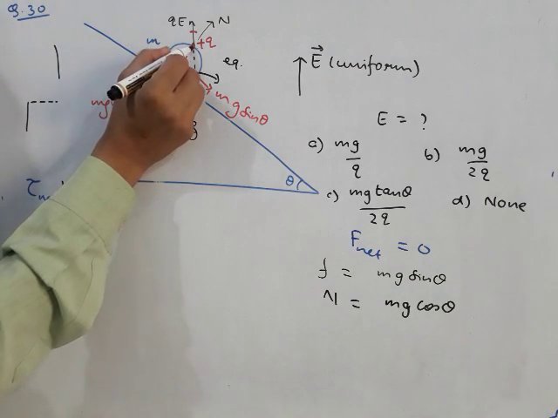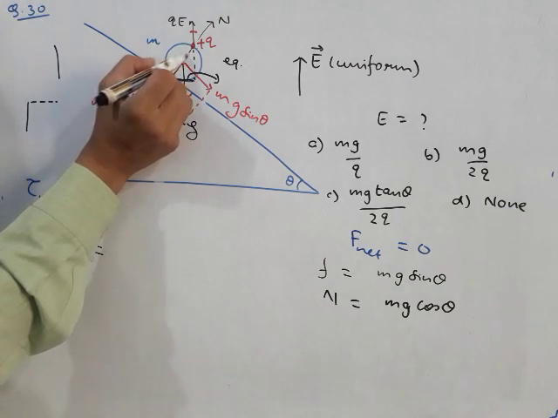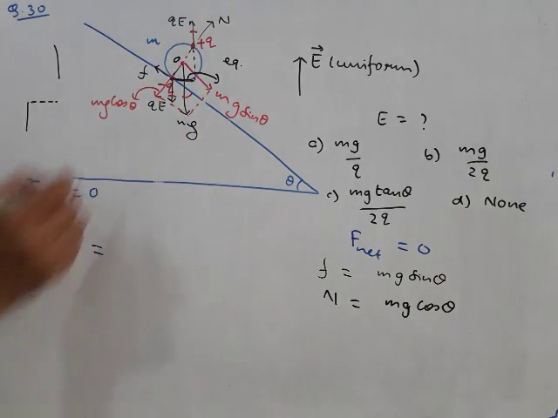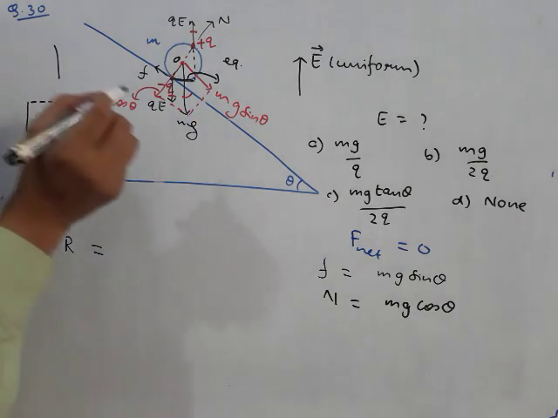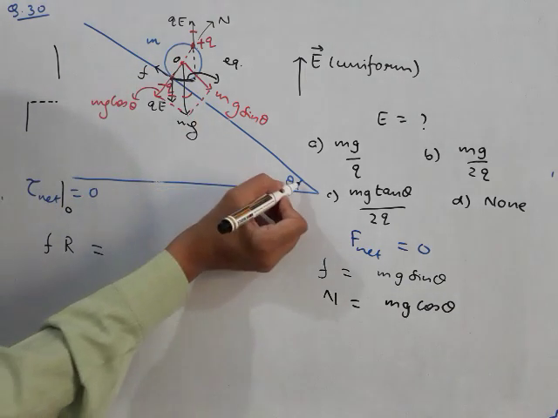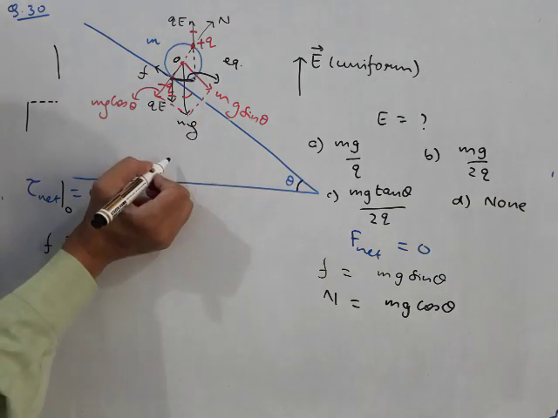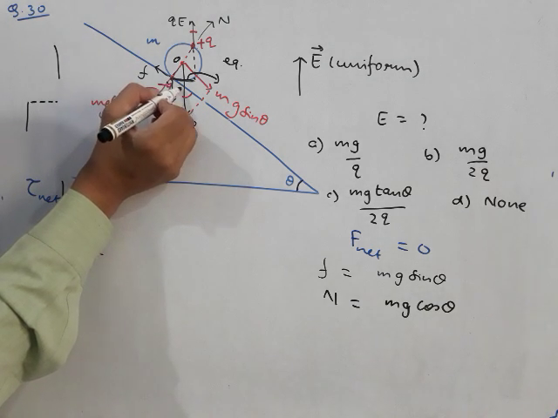You can see, students, in this particular triangle, this is 2r diameter. Radius is r, so diameter will be 2r. So this perpendicular distance in terms of theta, you can see this is theta, we have discussed. This angle is also theta.